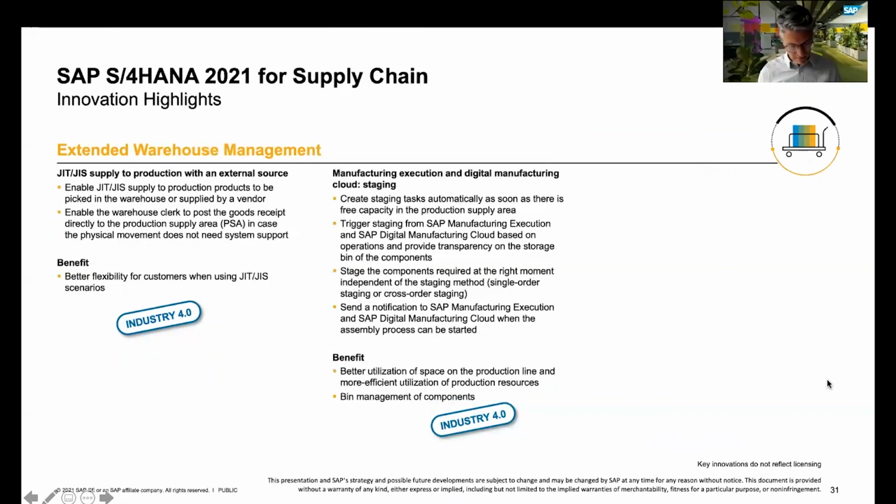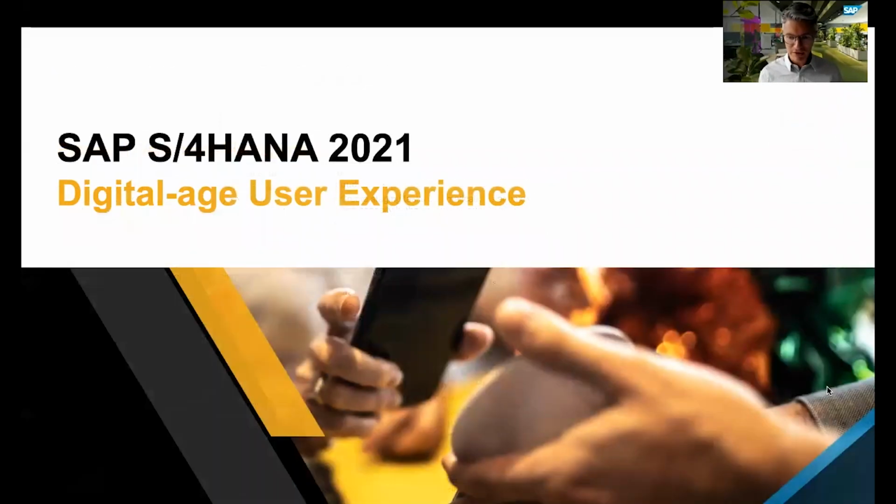This example of innovation creates staging tasks automatically as soon as there's free capacity in the production supply area. And this sounds trivial, but before it was manual tasks. Now it's fully automated as part of our Industry 4.0 journey and shipped with S/4HANA 2021. And with that, this closes our Industry 4.0 update, and I give back to you, Lena.